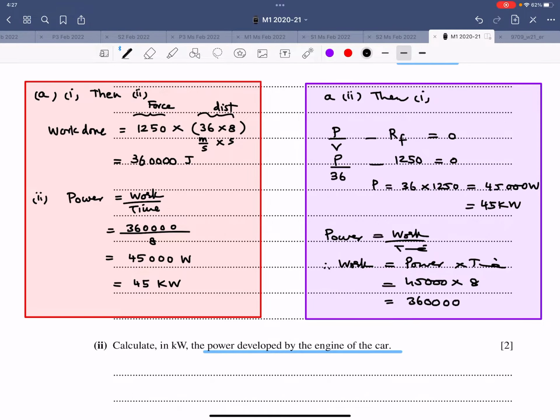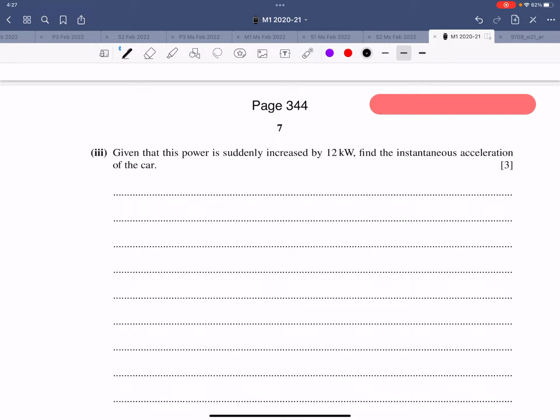Now, the question continues. It says, given that the power is suddenly increased. In recent papers, you have seen a lot of suddenly increased or suddenly decreased. Find the instantaneous acceleration of the car. So draw a diagram. The new power, SI diagram is not necessary, it's just that the new power is 45 plus 12.